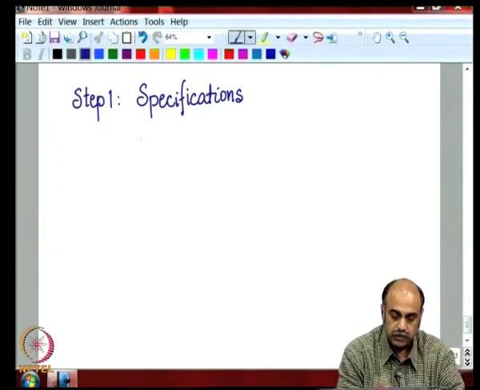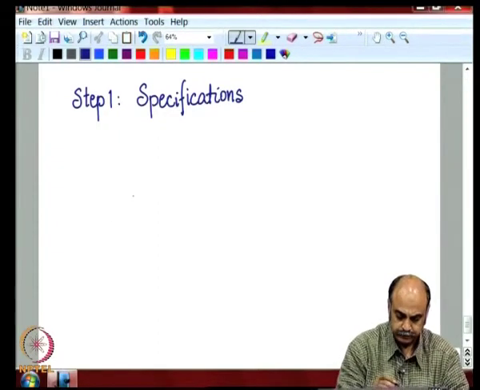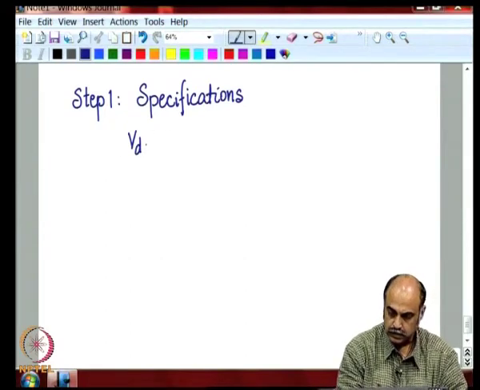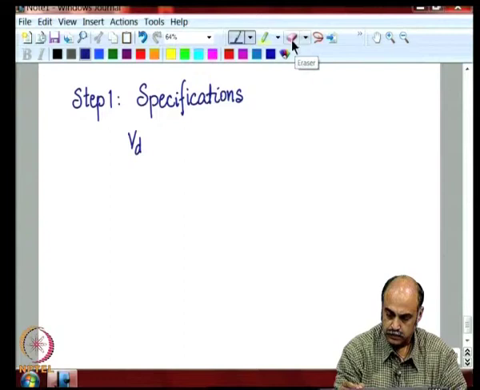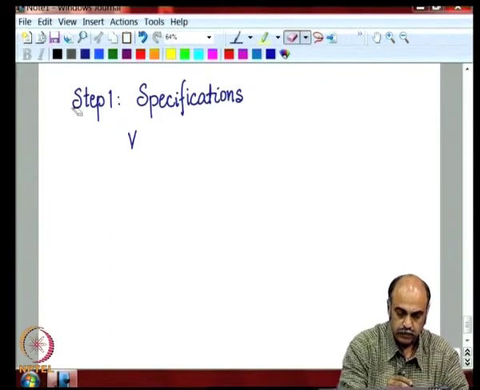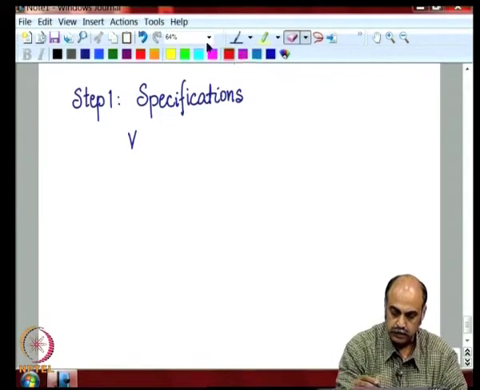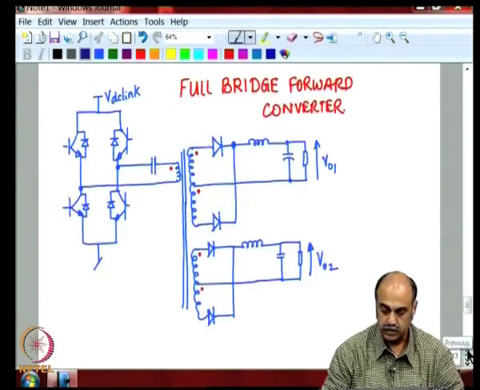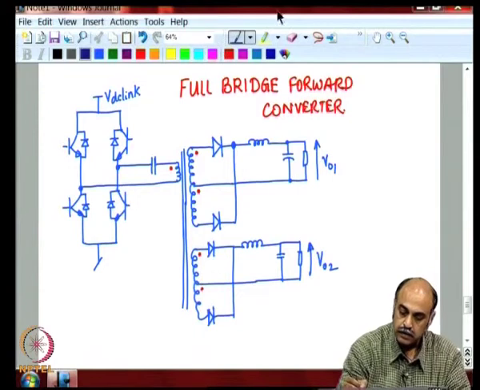Now, while listing down the specifications of the converter, now let us say VDC, now let us give simple variables, just VC to represent this.